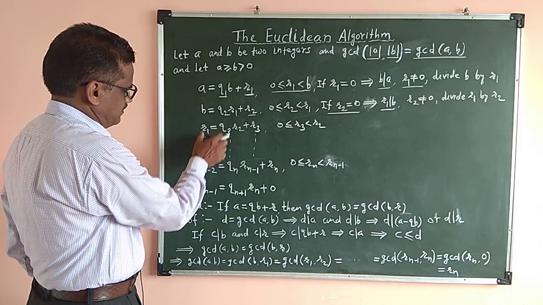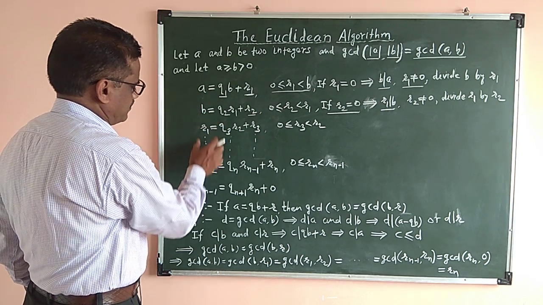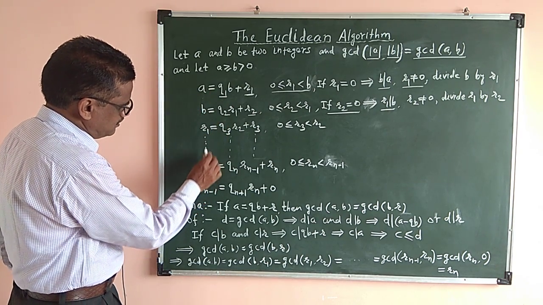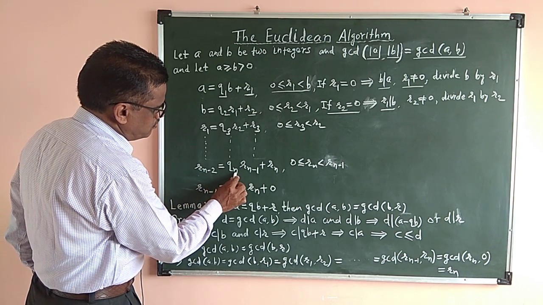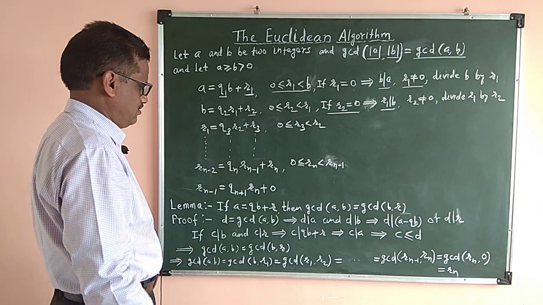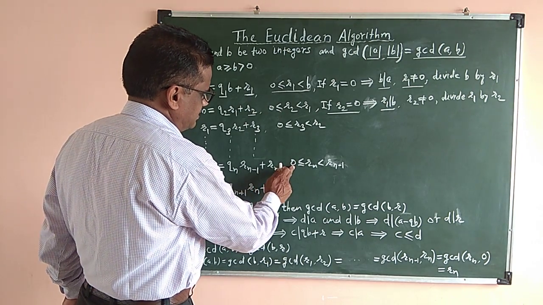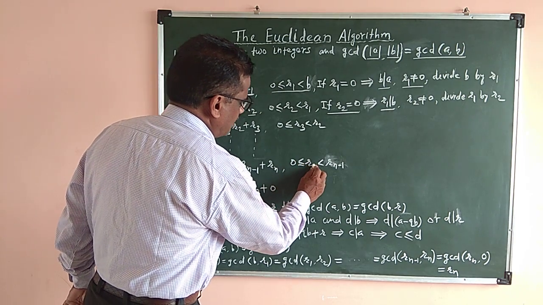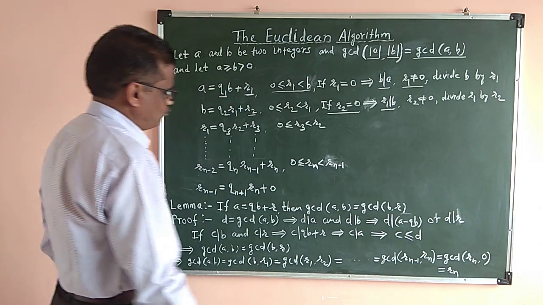In this way, we can produce Rn minus 2 is equal to Qn Rn minus 1 plus Rn for some value of n, where 0 is less than or equal to Rn, which is less than Rn minus 1.